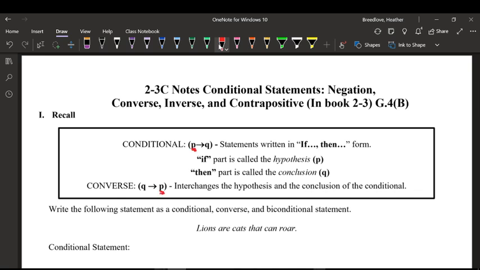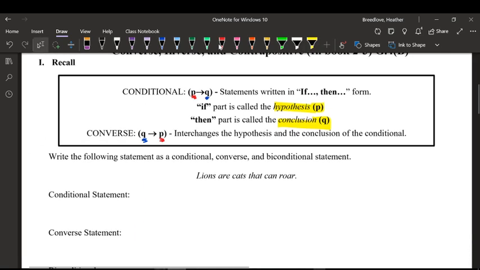So first we did conditional statements. If P, then Q. And then we flipped it around to make them into converse statements where we changed the order. If Q, then P. Where P is the hypothesis and Q is the conclusion. So that hasn't changed.